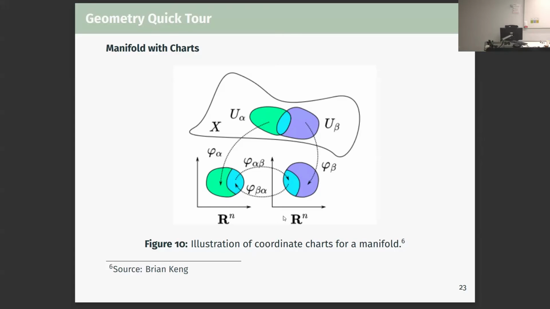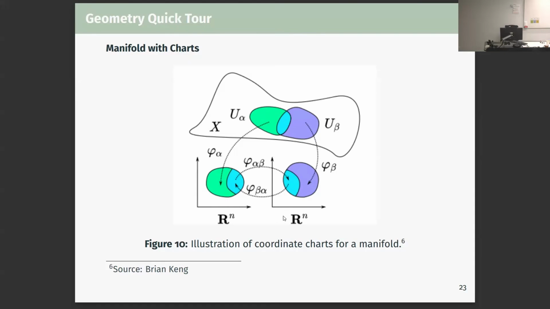And this is all about the same thing: you have to have some agreement on the glue. So you have to go from Rn, which is where our coordinates live, up to the manifold, and then back down to another Rn. And these are called coordinate functions, and together with open sets they are called charts.